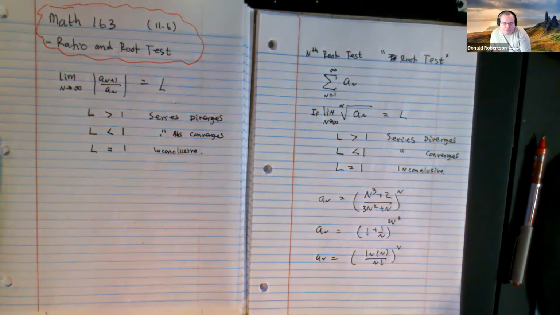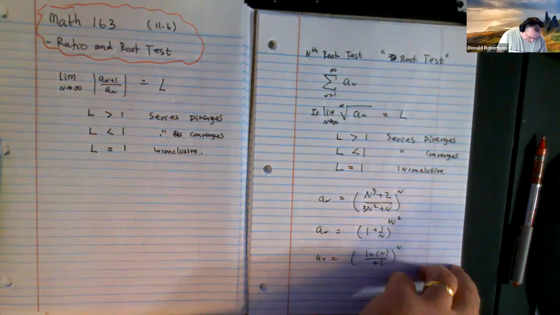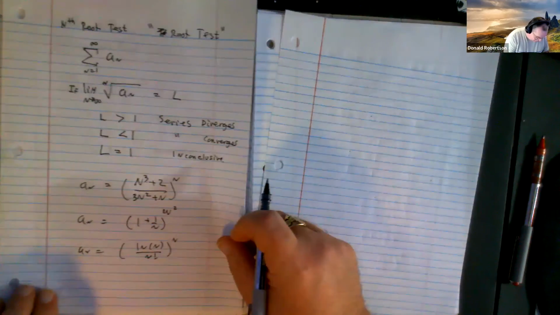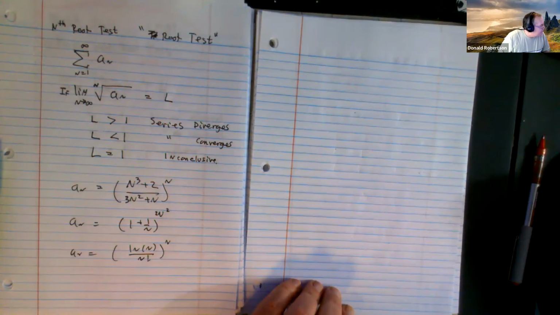You would never use it for e to the n over 2e, well, I guess you could use it for that one. e to the n over n cubed, you wouldn't use it typically for a situation like that. So it has a niche market. There are only certain series that you would ever use it on. So let's show you some examples of that happening.